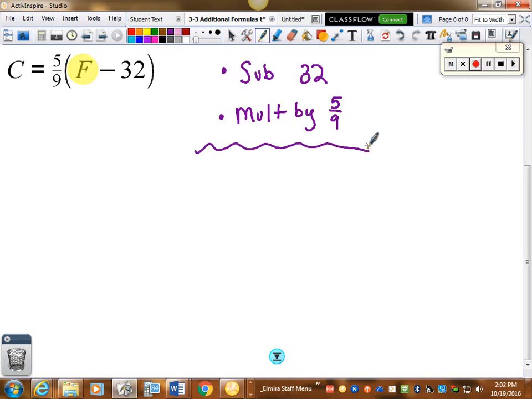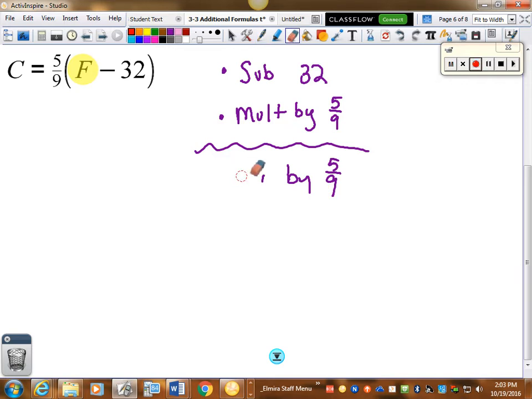Okay, and we're still going to do something that's opposite, but it's not the operation that's going to be opposite. We could say divide by 5/9, but then we're going to have a complex fraction. If you see this problem on your Regents exam, it's going to be multiple choice, and I guarantee you they're not going to write it as a complex fraction. So I've got to show you how to make it not a complex fraction.